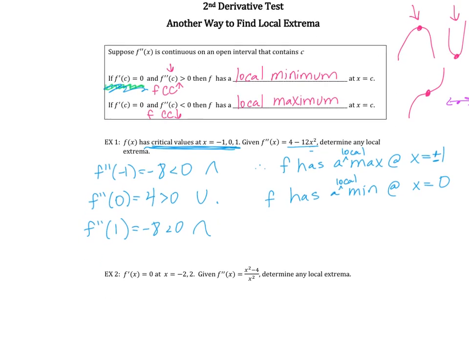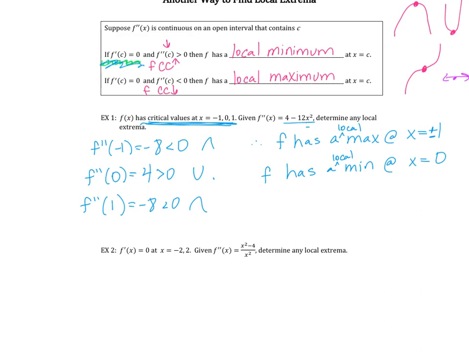Now, let's look at example 2. It says the first derivative is 0 at those 2 points. So they told you that. And they gave you the second derivative, determine any local extrema. So I have the first derivative being 0. What's the second derivative at -2?